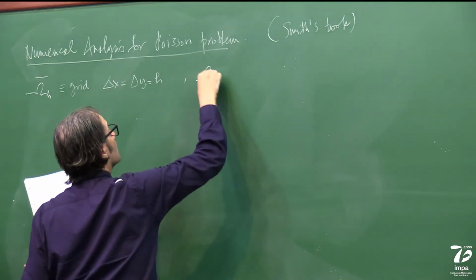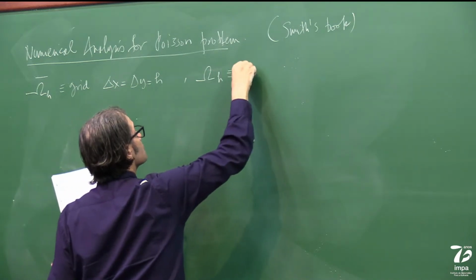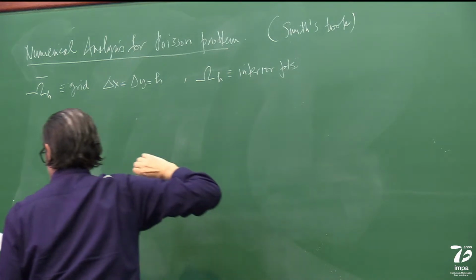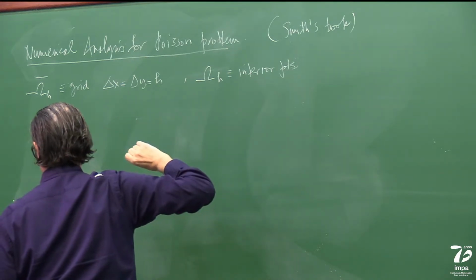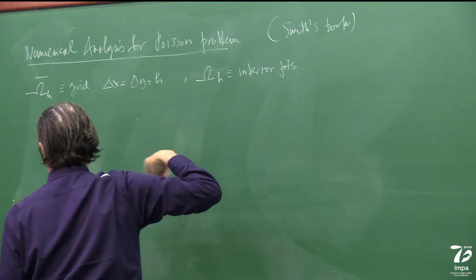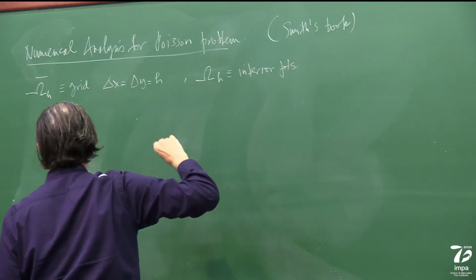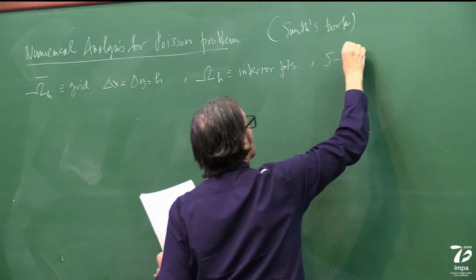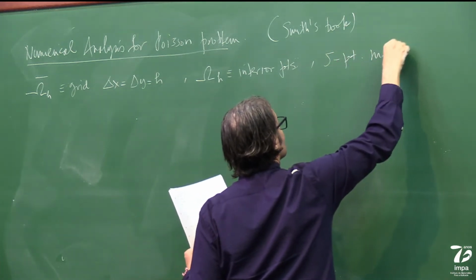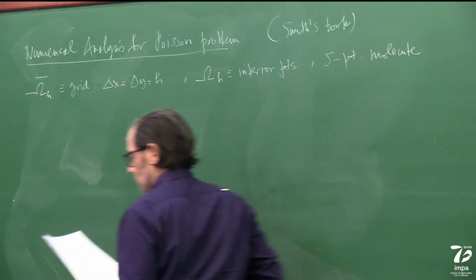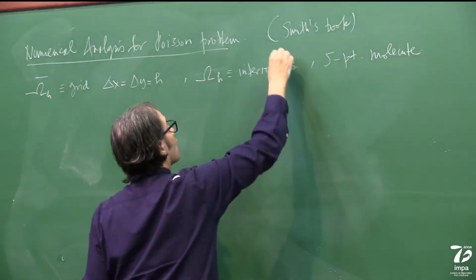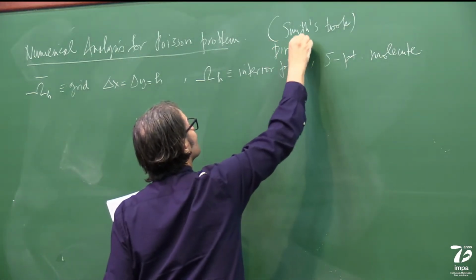So this is like interior points. So let me write here the notation without writing all the blah, blah, blah. Well, the border is okay. And we have the 5-point molecule in mind. So, and it's Poisson problem. It's a Dirichlet problem.